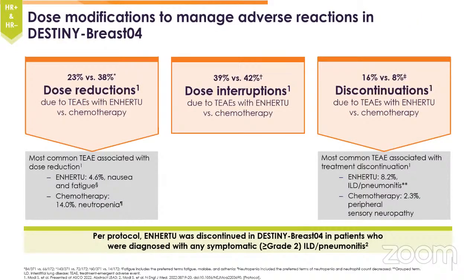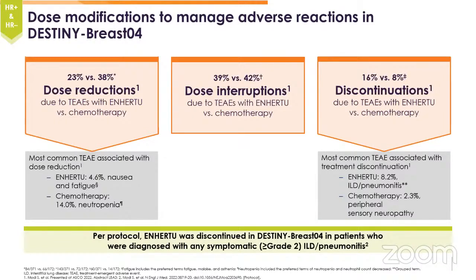But we know that this is not something that is actually troubling most patients or most of the doctors. It is the incidence of the ILD or pneumonitis. And as we'll see subsequently, we have seen here that the dose reduction rate and interruption rate are comparable. Same is the case with the dose discontinuation rate.